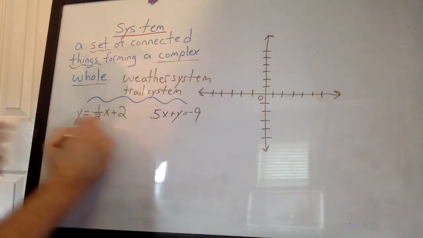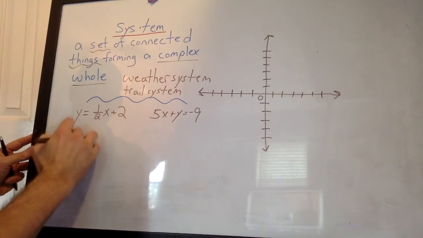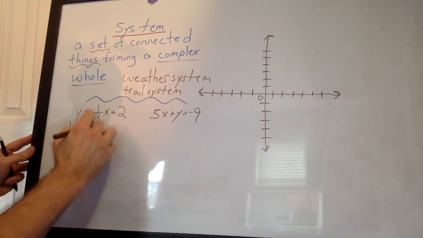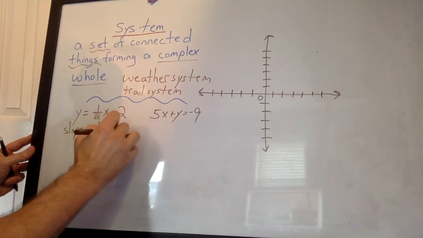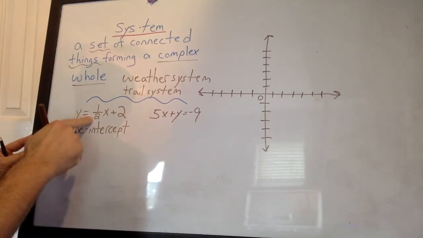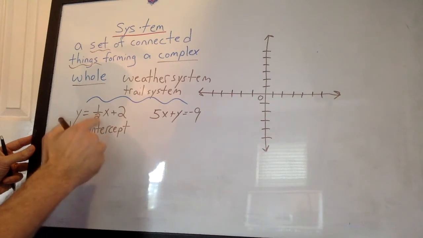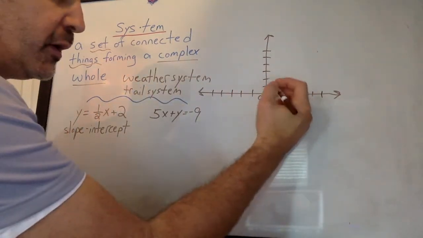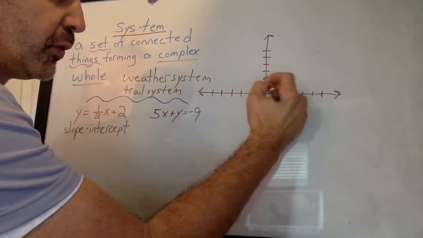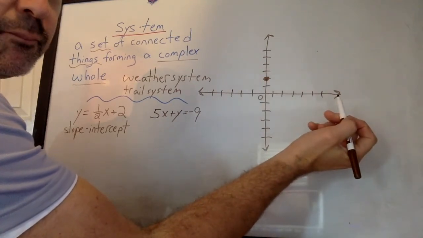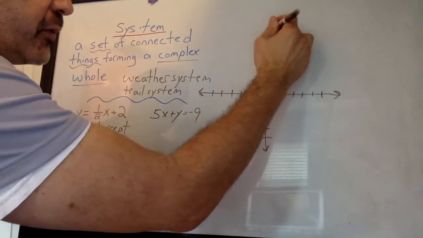This equation is written already in slope-intercept form. That makes it easy. We know the slope is 1/2, y-intercept is at 2. I'm going to use brown for this one and graph it over here. Y-intercept is 2. Well, bam! This is the y-axis.